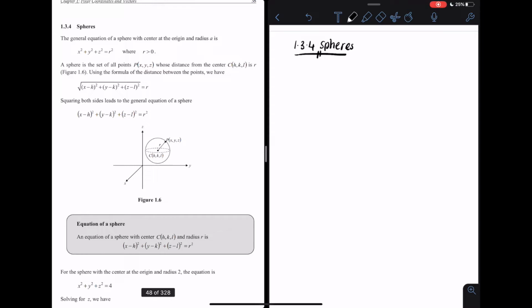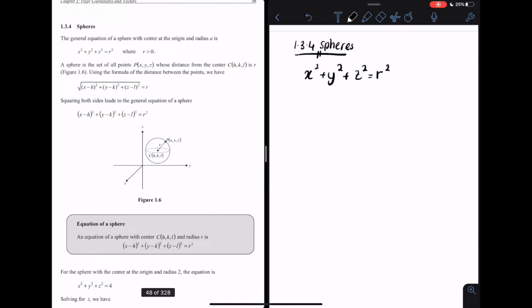So this is the equation that represents a sphere centered at the origin. It is given as x squared plus y squared plus z squared is equal to r squared. R here represents the radius of the sphere. If you look carefully in your module, for figure 1.6, the graph explains a sphere where the center is no longer at the origin.